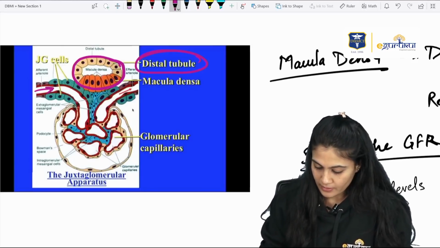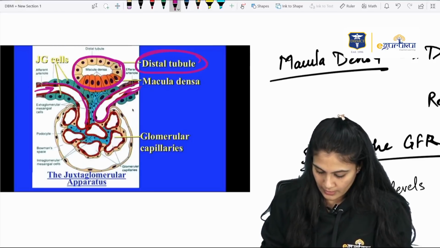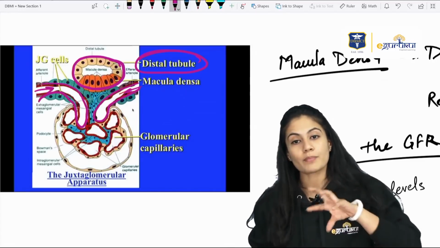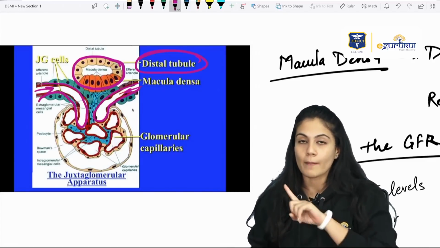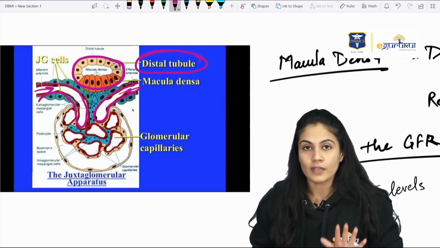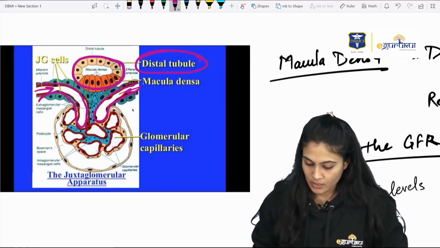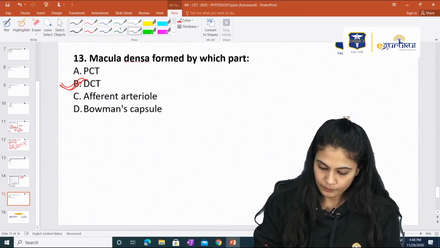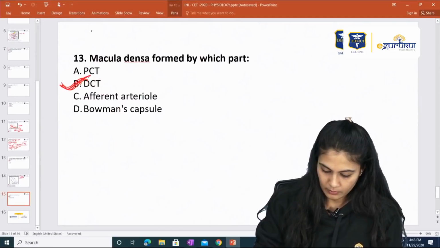And this is the afferent, this is the efferent, and this is the lumen of the two, right? So the macula densa is a part of the DCT which comes in between the afferent and efferent, but it is not at all a part of either the efferent or afferent arteriole, right? So the answer over here is option B, right?